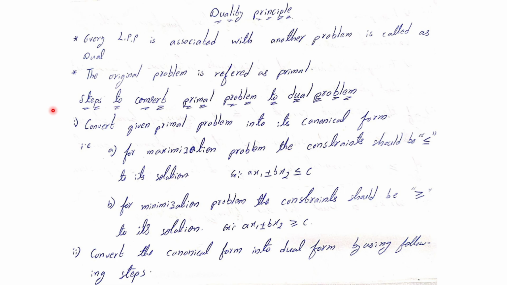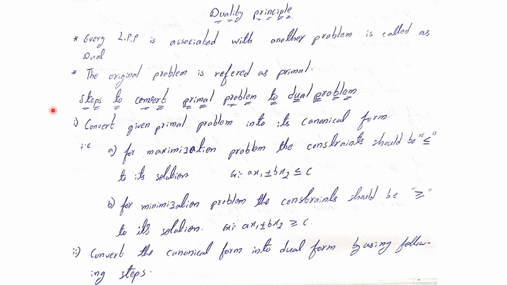Let us discuss the steps. First, we have to convert the given primal problem into canonical form. That is, for maximization, the constraints should be less than or equal to. For example, if the constraints are in x1 and x2, then the equation is ax1 plus or minus bx2 less than or equal to c. Here the symbol less than or equal to represents the canonical form.